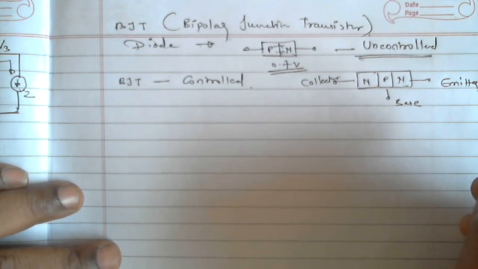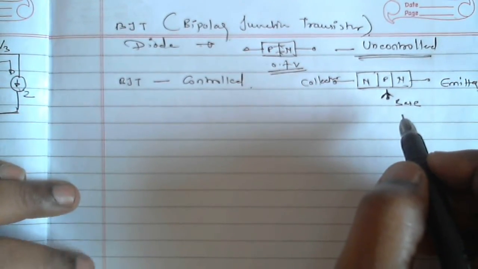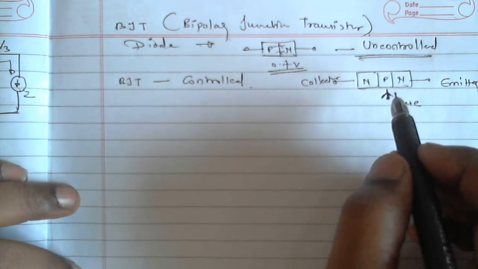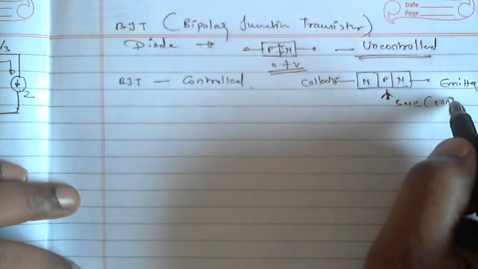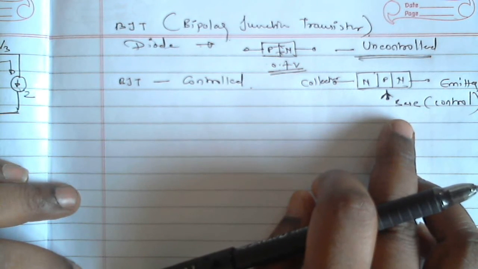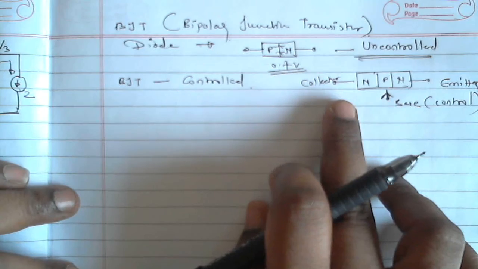Whenever you want to turn it on, you have to give a supply to the base. Then it gets turned on and remains in the on state as long as the control signal is present at the base. When this control signal is removed, the transistor gets turned off.